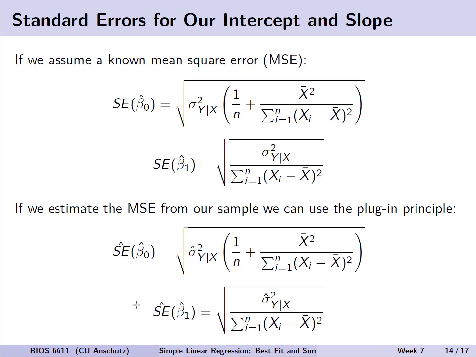And so with that information behind us, we can then introduce the formulas for the standard errors for our intercept and our slope parameter. Again, if we assume a known mean squared error, we have this quantity of our equation at the top where we can plug in a truly known MSE. However, in most cases, we're going to estimate the mean squared error based on our sample, and we'll use that plug-in principle to just put in our hats instead of our sigma squared y given x without the hats.